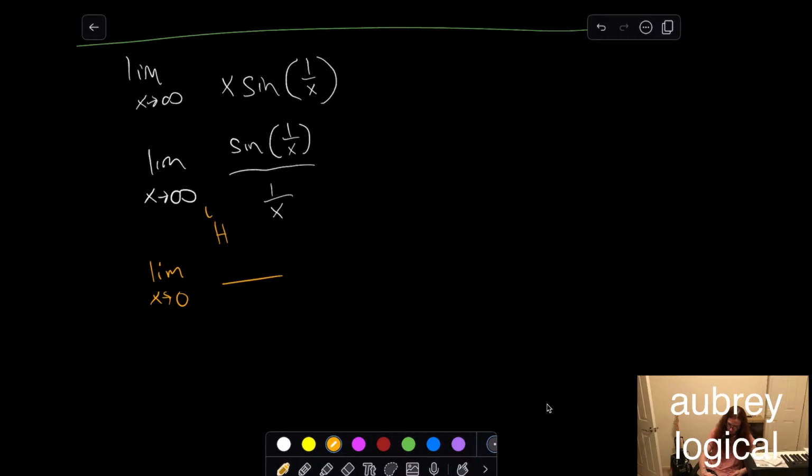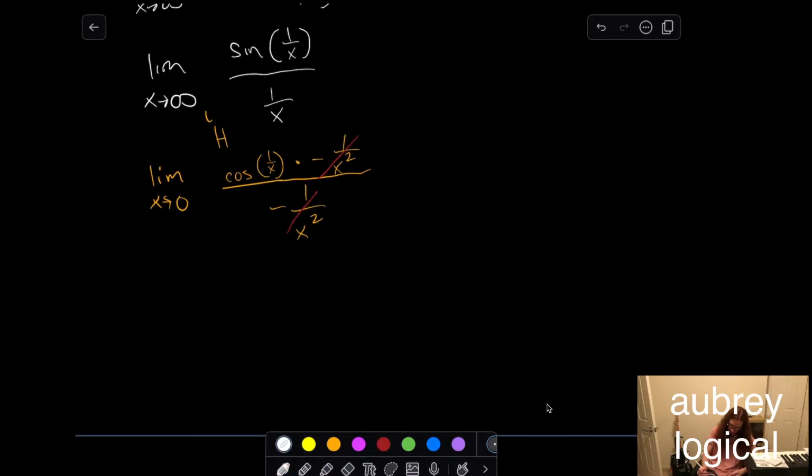The derivative of sine of 1 over x is going to be cosine of 1 over x times negative 1 over x squared. And then on the bottom, the derivative of 1 over x is negative 1 over x squared. So those two are going to cross out.